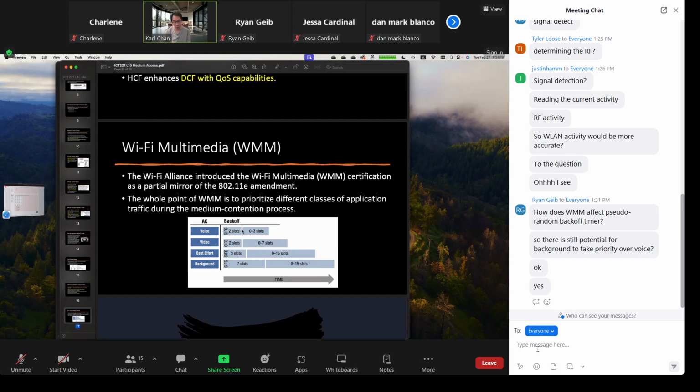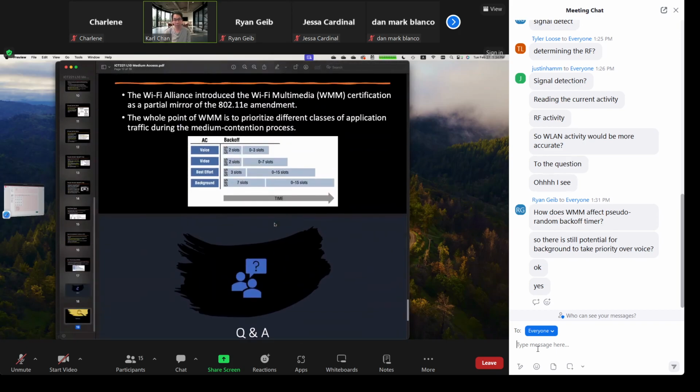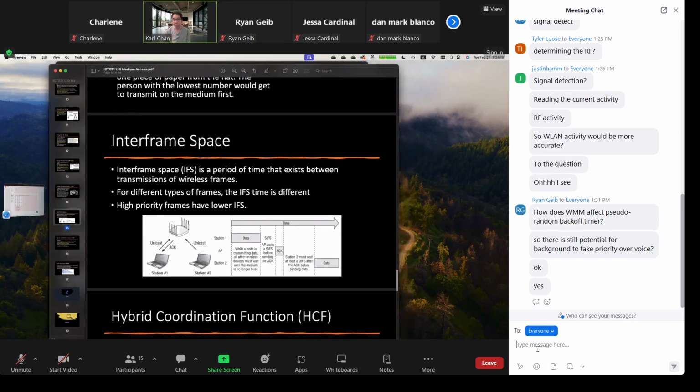If the voice draws 3 slots and the background draws 0, actually, you can see here, this is earlier, right? Is that clear? Any questions?